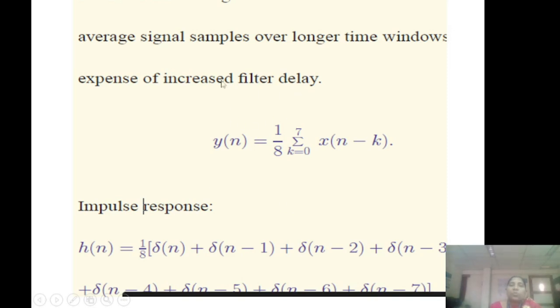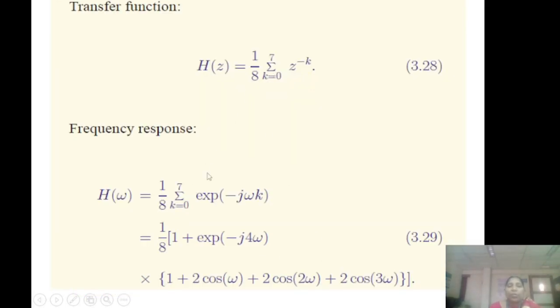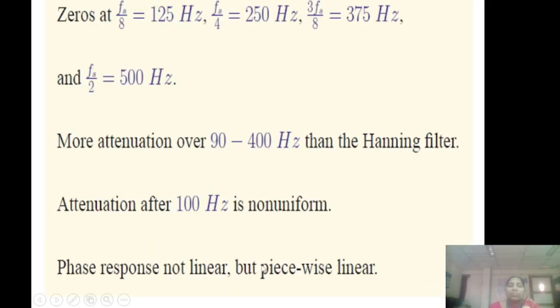For more smoothing, we can increase the filter delay. So y of n equal to 1 by 8 summation k equal to 0 to 7 of x of n minus k. When you expand and apply the Z transform, you get the expression 1 by 8 of 1 plus exponential minus j4 omega into this term. Then we find the zeros.